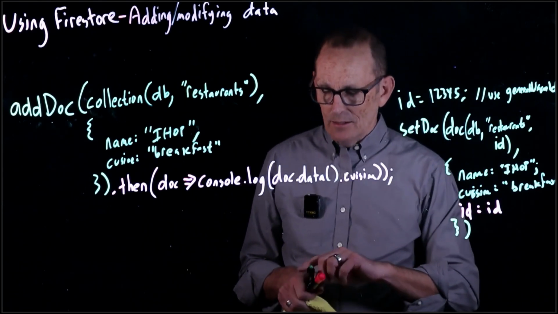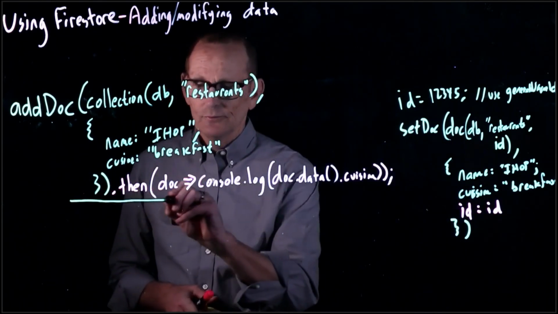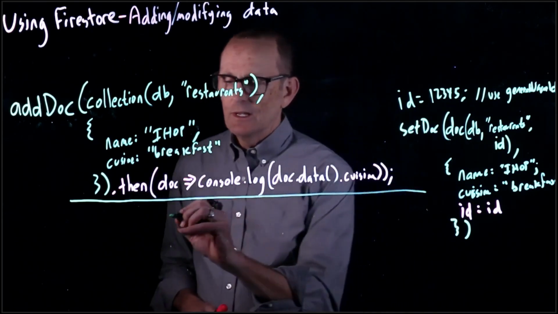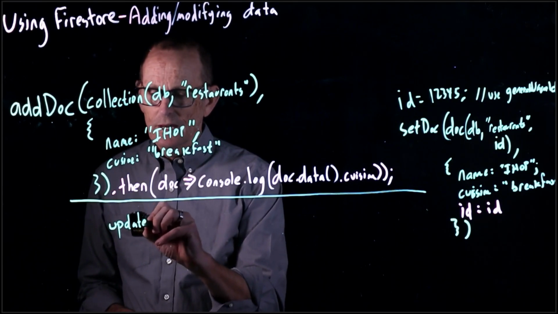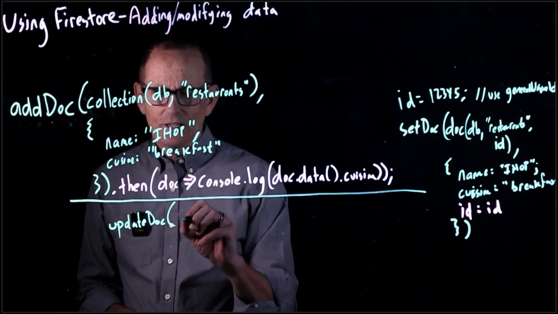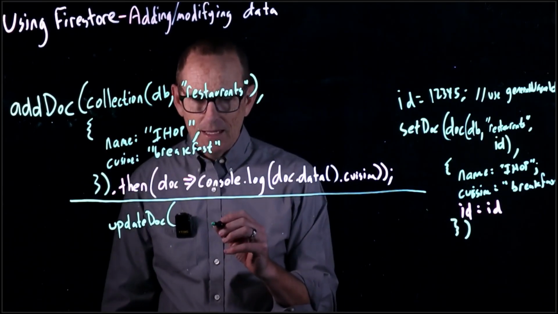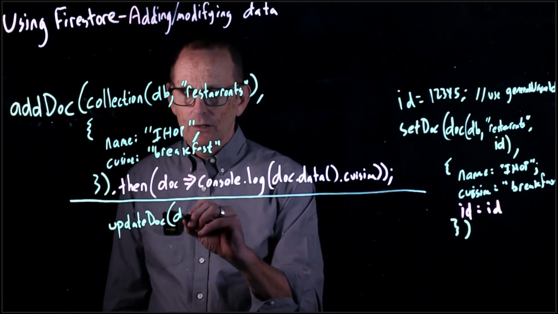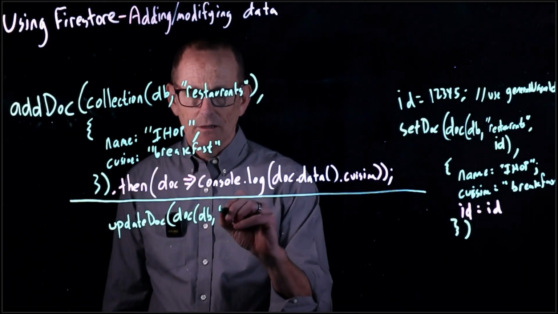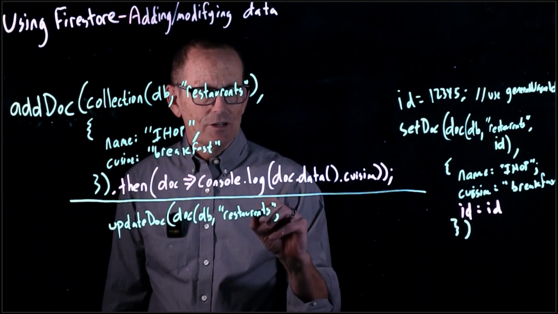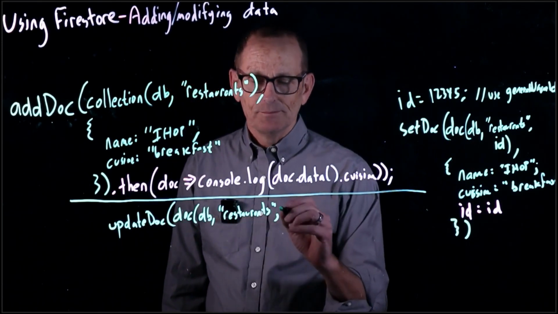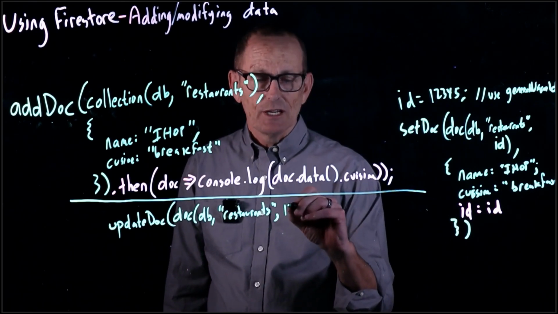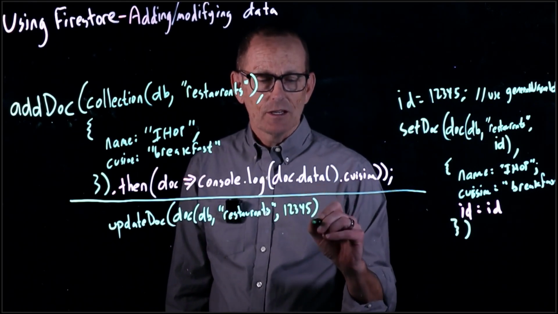Now, sometimes we just want to be updating one field, and then we don't want to go to the work of providing the entire object. So we can also update documents. In this case, we can use updateDoc, yet another function that's going to need to be imported. And we will use a document reference. If we're using a document over and over, of course, we would put this document reference into a variable. And then let's just say we're trying to get this 1, 2, 3, 4, 5 document.